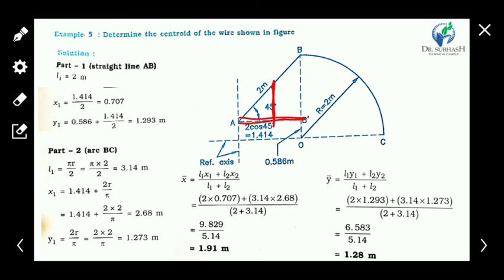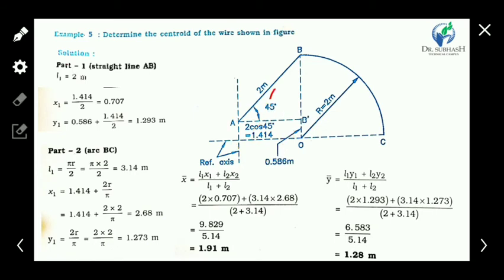So we consider the triangle, and according to the triangle we find the vertical distance. Here the length is 1 meter and the angle is 45, so we get the value as 1 cos 45, which is 0.707.